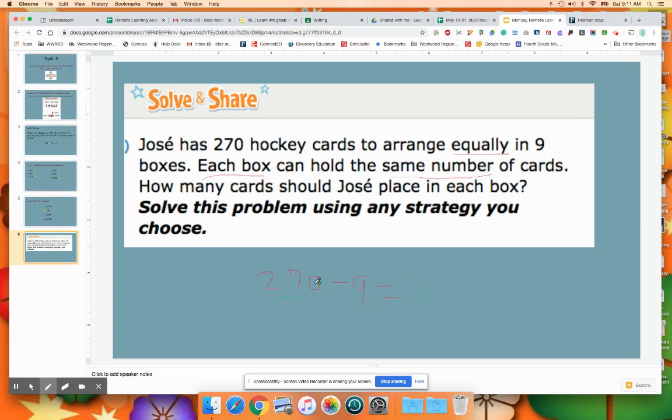And we have 1 zero, right? Or if you think of it in terms of the pattern, 27 divided by 9 is 3, 270 divided by 9 would be 30. And let's remember, we label this, it's a word problem. So how many cards? It would be 30 cards in each box.